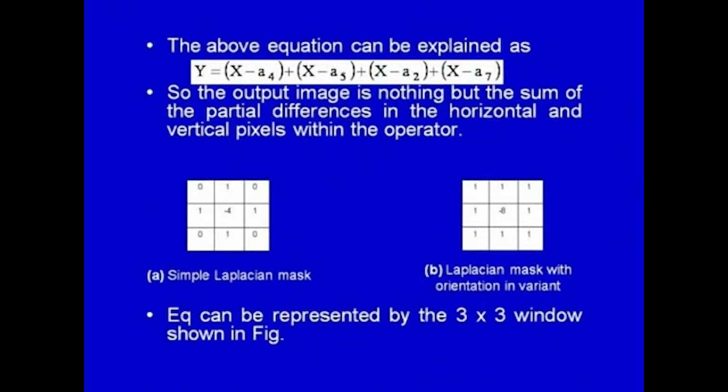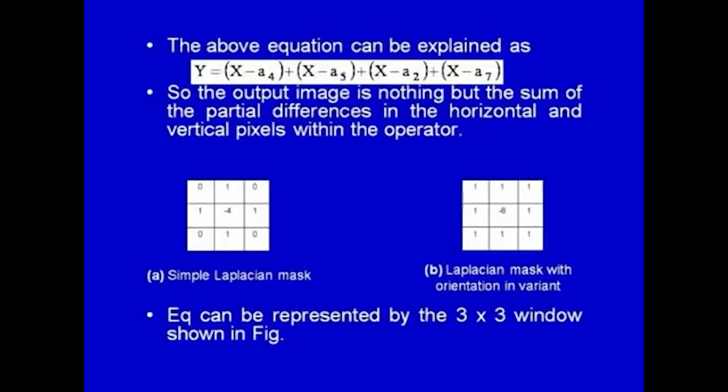So, the above equation can be explained as y is equal to x minus a4 plus x minus a5 plus x minus a2 plus x minus a7. So, the output image is nothing but the sum of the partial derivatives in the horizontal and vertical pixels within the operator. Figure A shows a simple Laplacian mask.